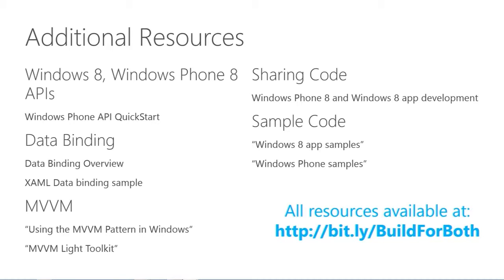If you go there, you'll see a whole long list of links, and that should include the source code. It also includes links to all sorts of interesting stuff that you should keep in mind. It's a really good go-to resource when you're thinking about building for both Windows 8 and Windows Phone.